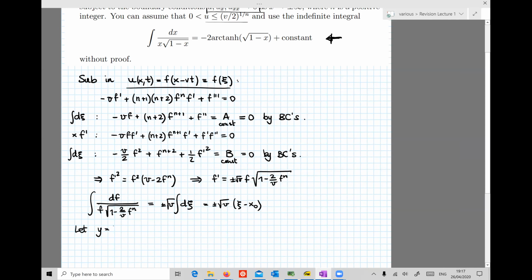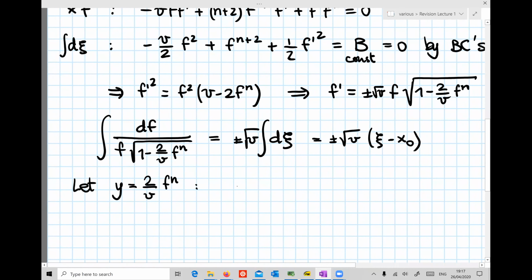So to get it in the same form, let us set y equal to 2 over v f to the n. In which case we get that the derivative of the logarithm of y, so it's dy over y, is, if I take the logarithm, I get that log y is proportional to log of f to the n, which is n log of f plus a constant. So I get that this is equal to n times the derivative of the logarithm of f, which is df over f.